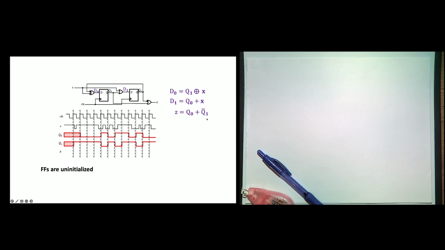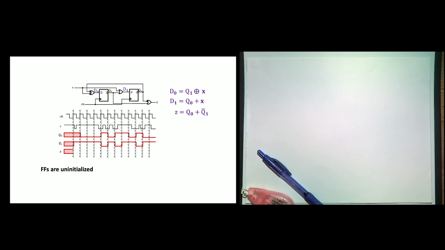Okay, so we still need to do Z. For Z, we're going to look at the immediate values of Q0 and Q1. We don't need to look at the D0s or D1s. Z is just the OR of Q0 and not Q1. Do we know it in the first clock cycle? No, they're both unknown. We're not going to know it. How about the second clock cycle?